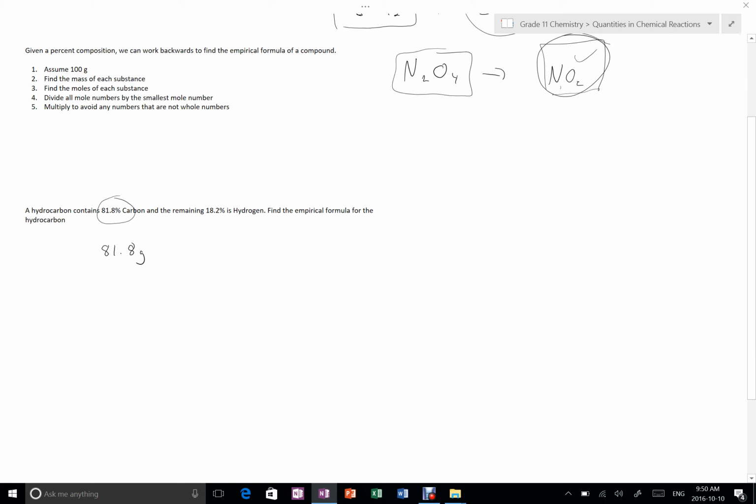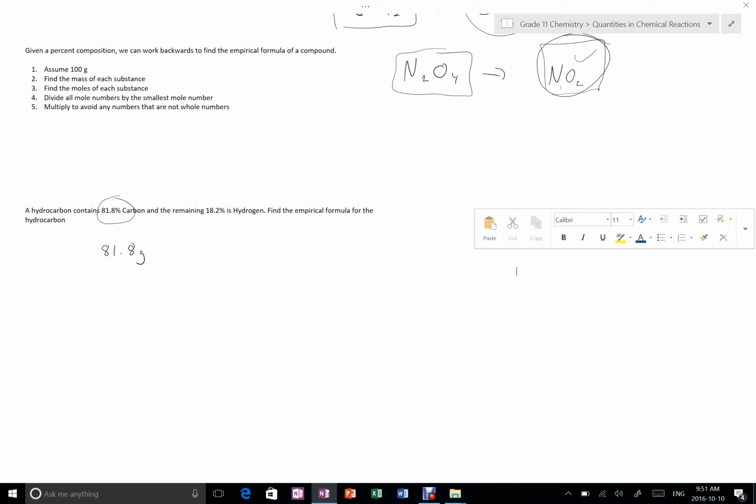We're going to find the moles of each substance, converting that mass into a number of particles instead, since that will allow us to compare the number of particles. Then we're going to end up with some funny ratio that we don't like, so we're going to divide all of them by the smallest number. And then we're going to try to figure out how to get a whole number ratio out of what results from that. I'll talk to you about what that looks like in a second.